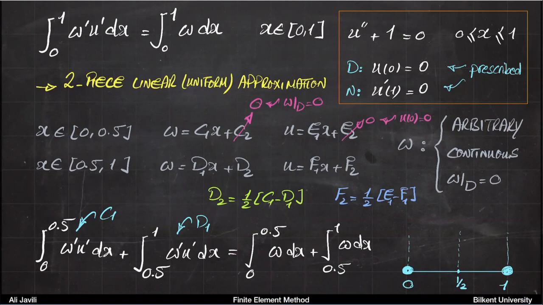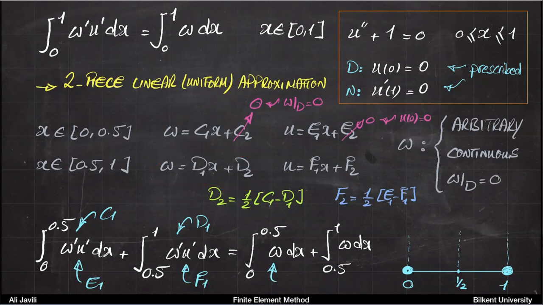And on the first piece now, U prime is E1. And on the second one it is F1. Okay. So W here on the second piece is basically D1X plus D2.